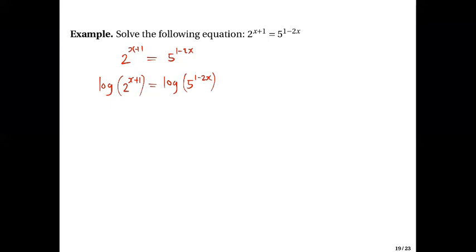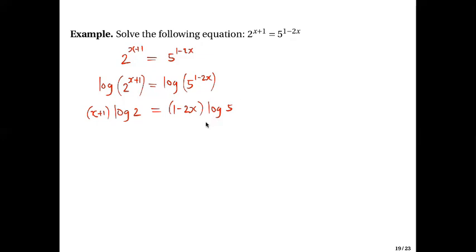Which means we now have x plus 1 times log 2. On the other side, we have 1 minus 2x times log 5. Take note, log 2 is just a number, log 5 is just a number. It's a constant.